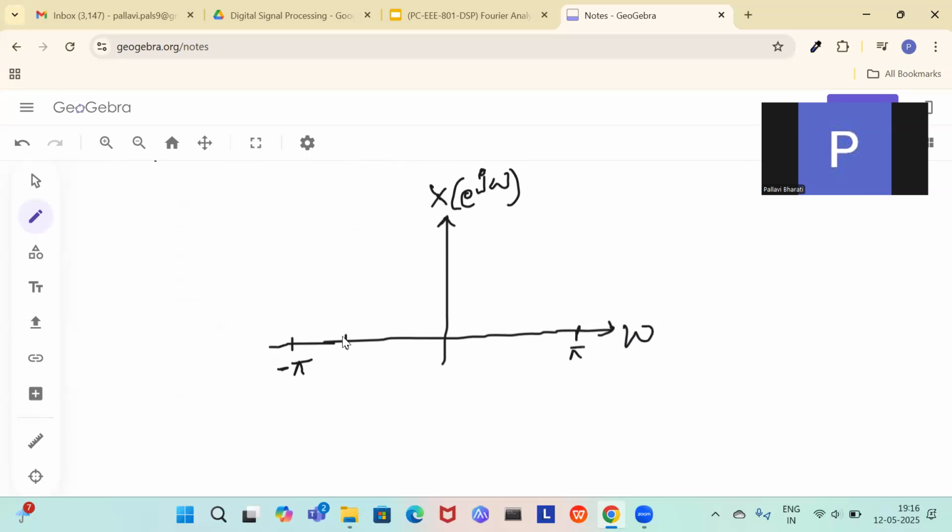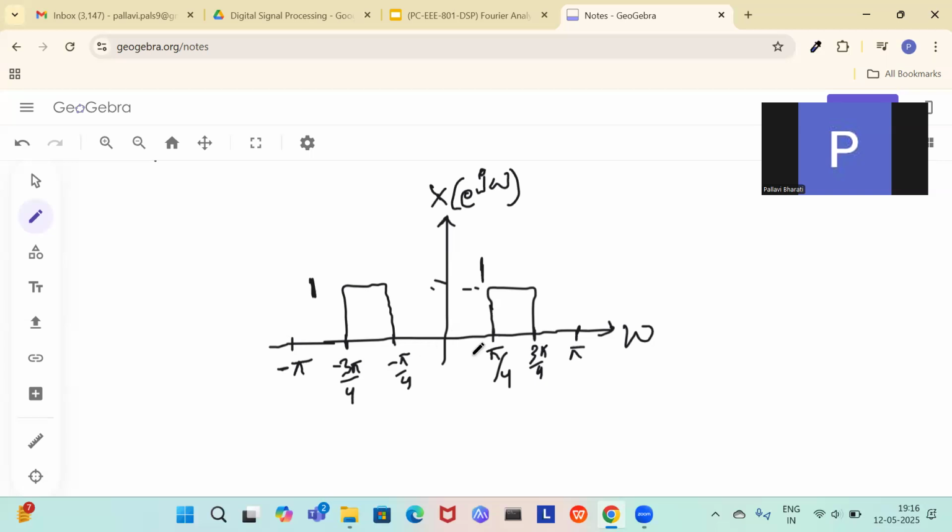Then here you will be having −3π/4, here somewhere you will be having −π/4, then here somewhere you will have π/4, then 3π/4. If you draw this, at this point the value is 1, and at other points it is 0. So this is the diagram.